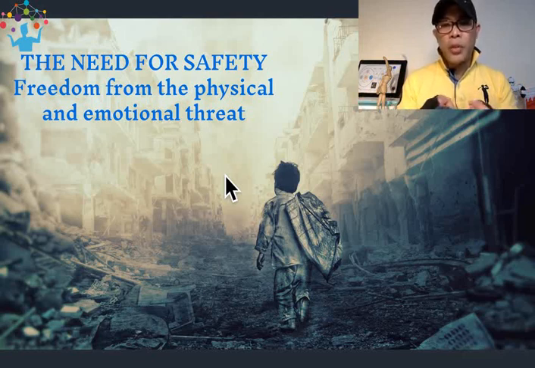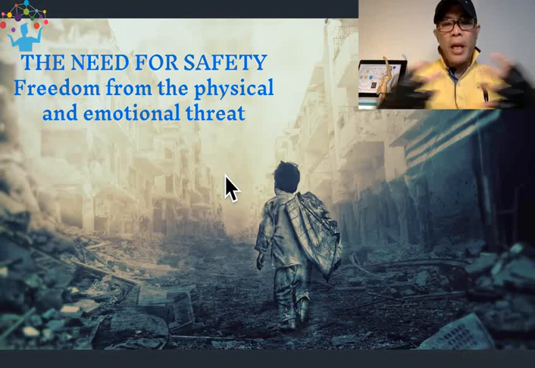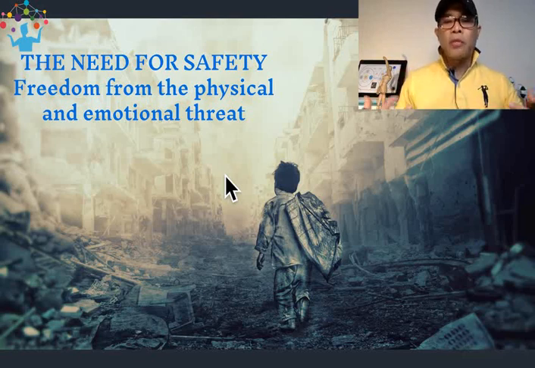How can you reach the child inside the classroom if the society, the environment is not providing the safety that the child needs? So as a teacher, how are you going to respond to that?